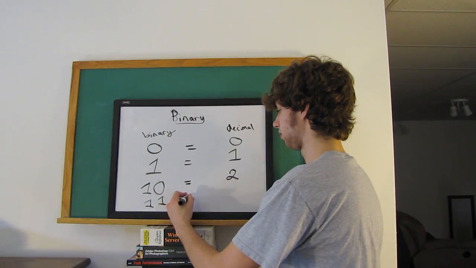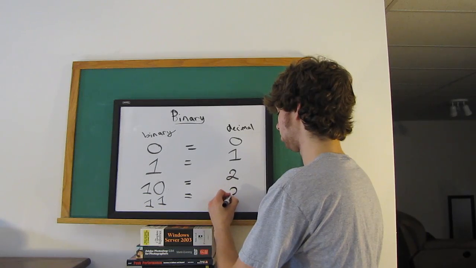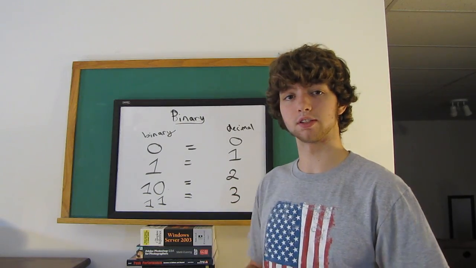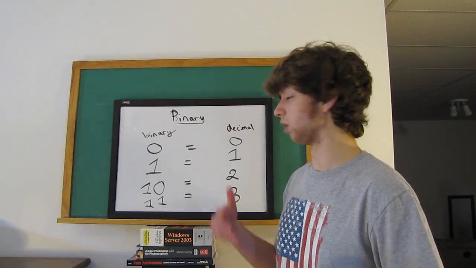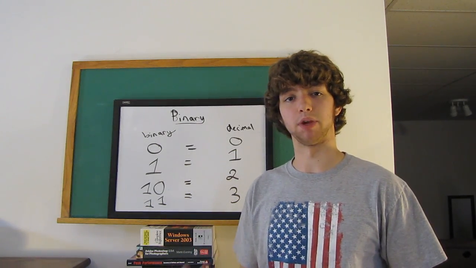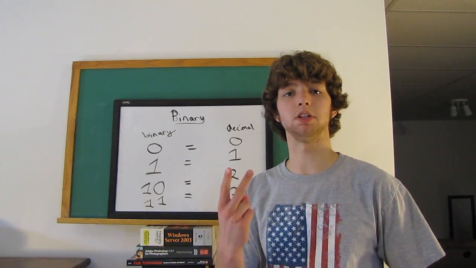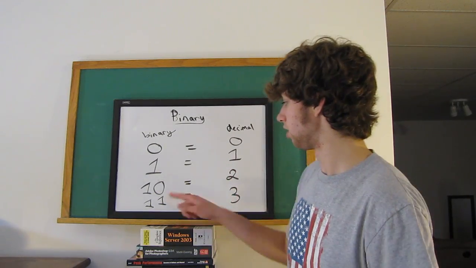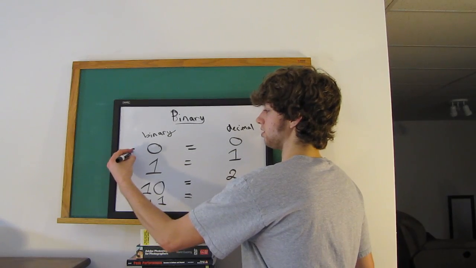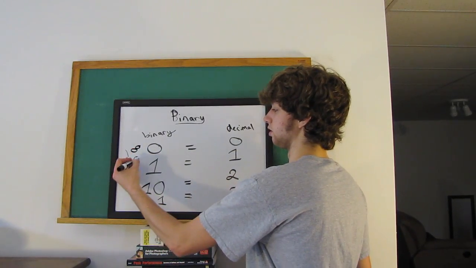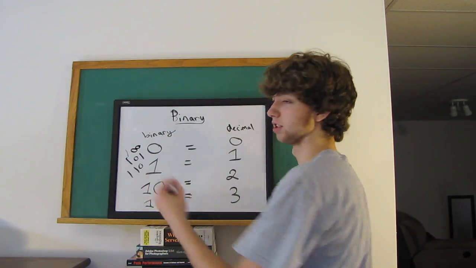And this is equal to 3. So the counting system is different because we can't have a 2 or a 3 or a 4. That's what it means by base 2. There's two possibilities, 1 or 0. So if we were to add another one to this, we would end up getting 1, 0, 0, and then 1, 0, 1, and then 1, 1, 0, and so forth.